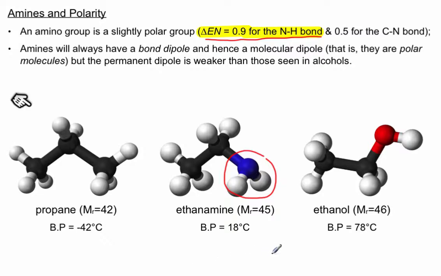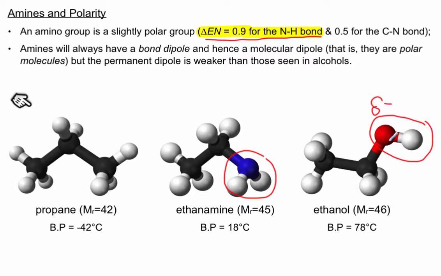So if you compare the boiling point of ethanamine with ethanol, something which also has a polar group, what we're looking at here is an OH with polarity, so that's going to be delta negative. And basically the difference in boiling point, which is quite large, is due to the strength of the intermolecular force, the force of attraction between the hydroxyl group on neighboring ethanols.